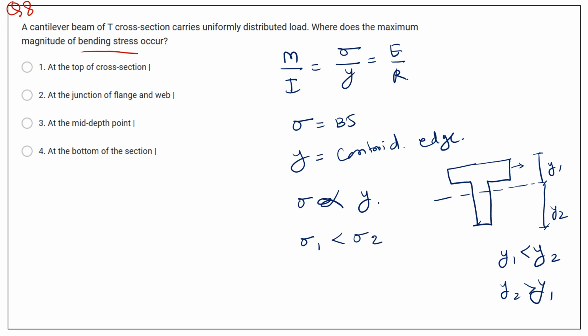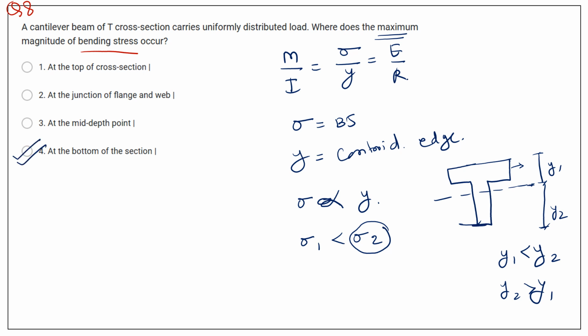Here they ask where the maximum magnitude of bending stress occurs. So maximum bending stress occurs at the bottom, at the sigma 2 distance, the distance from the central axis to the bottom edge. So at the bottom of the section, the maximum magnitude of bending stress occurs. So here the last option is correct.